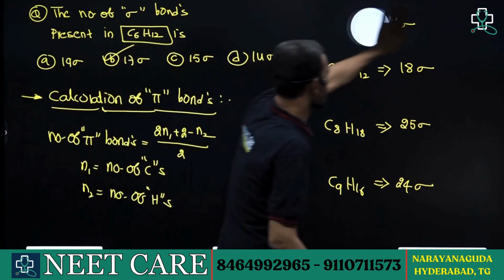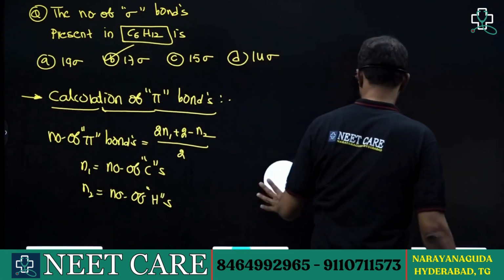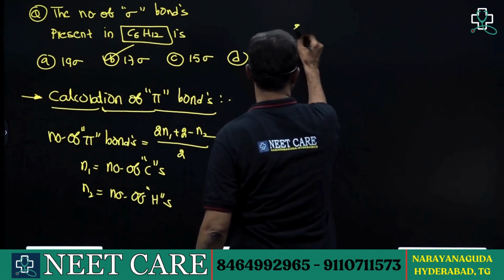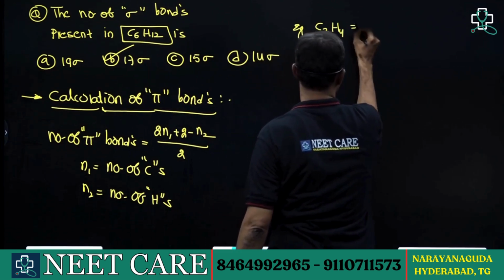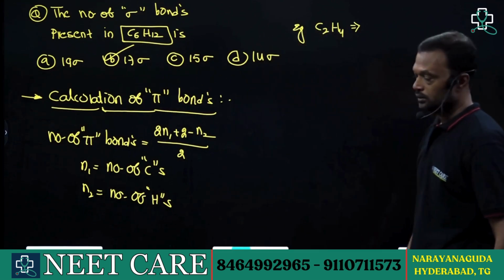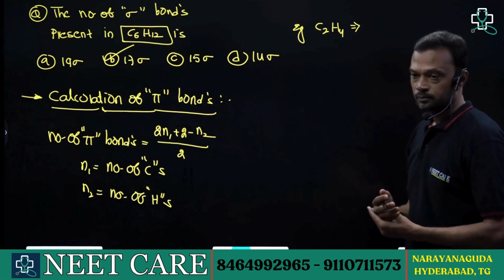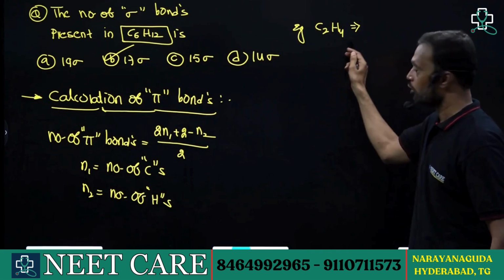Okay? Now see this. I am going to give one formula. Just try to identify how many pi bonds are present. So C2H4. Now apply this formula. How many carbons are present? 2. How many hydrogens? 4.